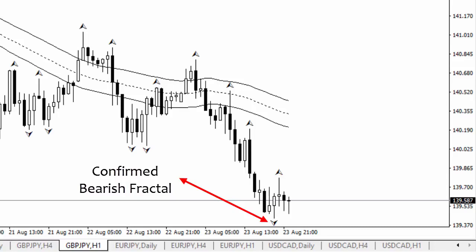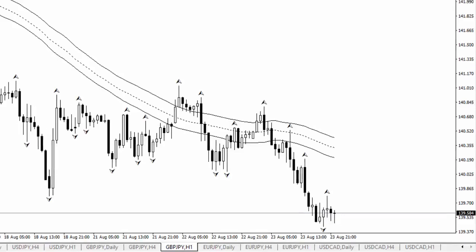And so I'm going to go on ahead and place my sell stop pending order at the very tip of the most recent bearish fractal on this currency pair's 1-hour time frame.